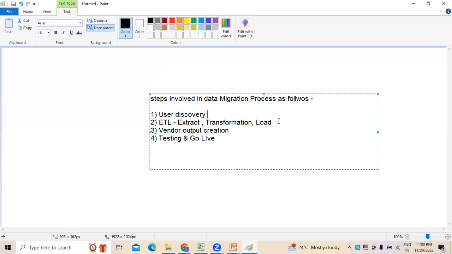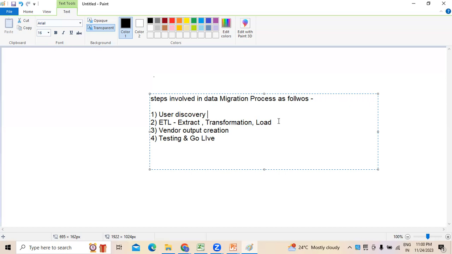Payer production lines usually means the benefit plan offerings.